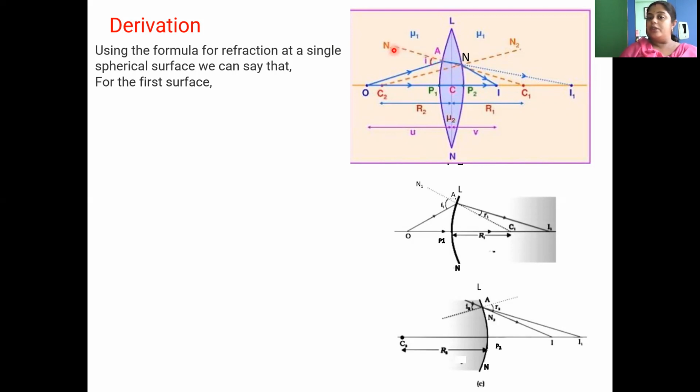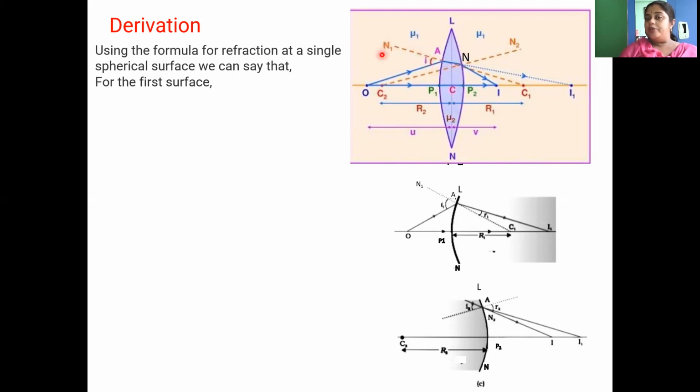Now we have to draw a normal here. What is the normal? We know that for a spherical surface, the normal always passes through the center of curvature. So N1C1 is your normal, and here light is traveling from rarer to denser because mu1 is less than mu2.